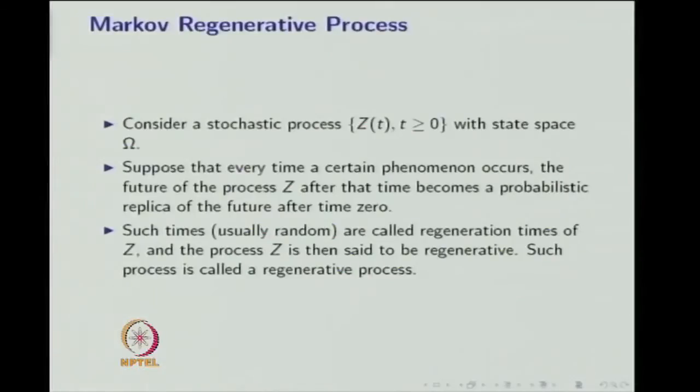Such times, usually random, are called regeneration times of the stochastic process Z of t, and the process Z of t is then said to be regenerative. Such a process is called a regenerative process.